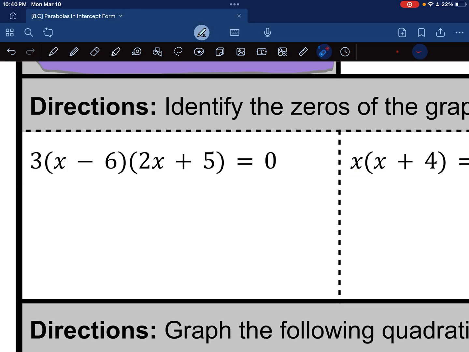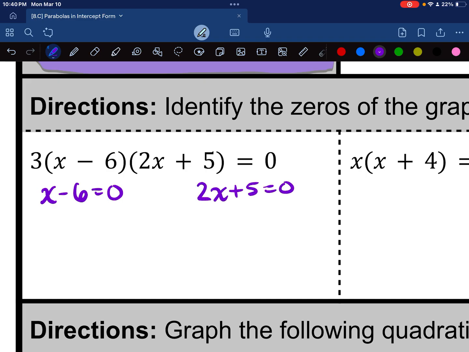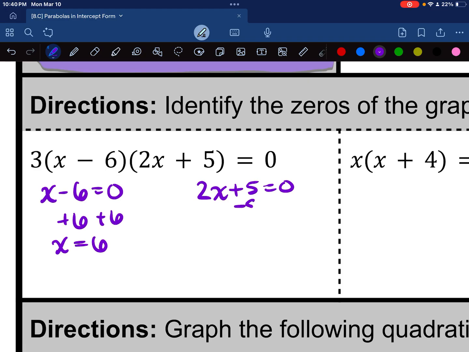Ignore that. Okay. So for the zero product property, I'm taking the things that have x's and setting them equal to 0, like this, which creates two equations, which you then solve. So here, to undo the subtraction, I added 6. Here, you have to get rid of addition before you can get rid of multiplication.